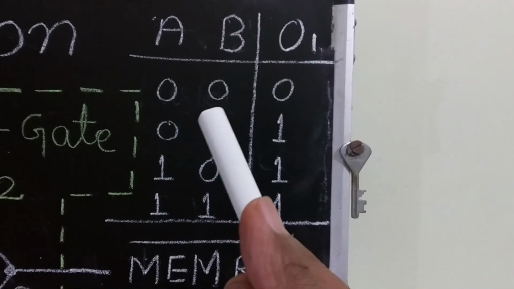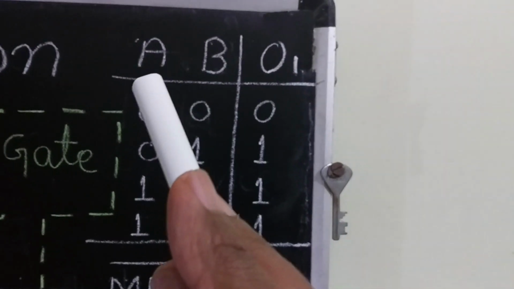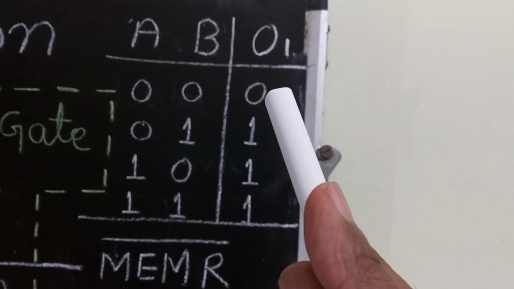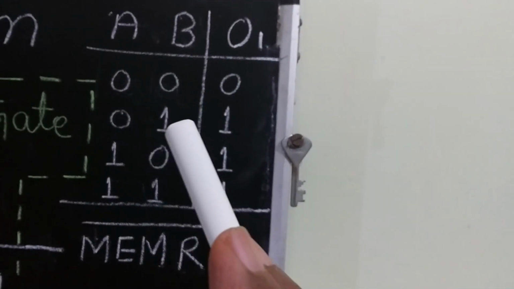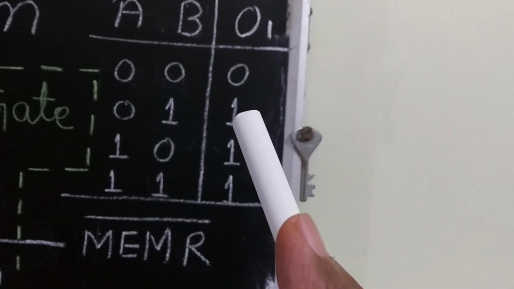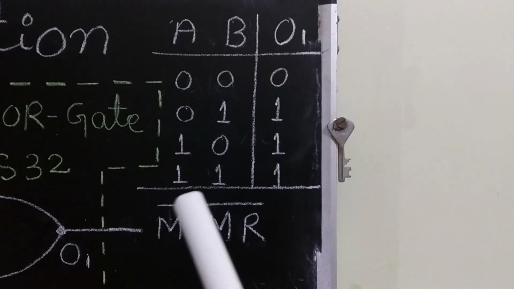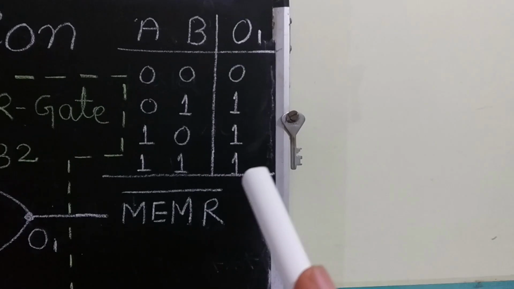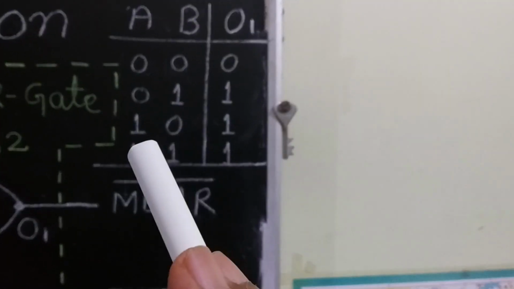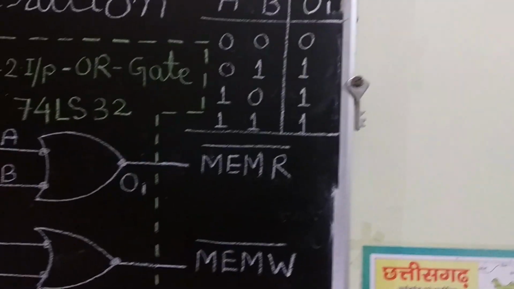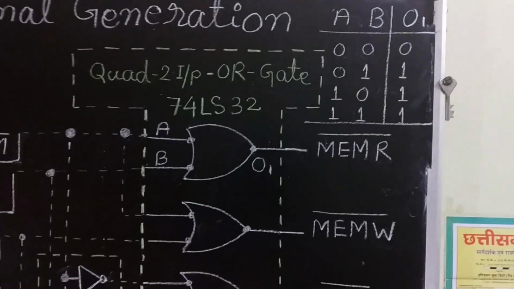The corresponding outputs for the OR operation are: when A and B are both 0 0, the output is 0. When it is 0 1, the output is 1. When it is 1 0, the output is 1. And when it is 1 1, the output is 1. It is an OR operation. When any of the signals is activated, output will be there.